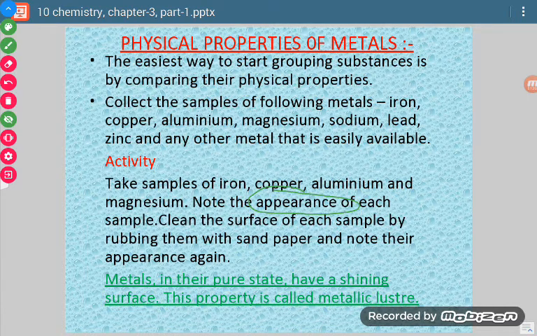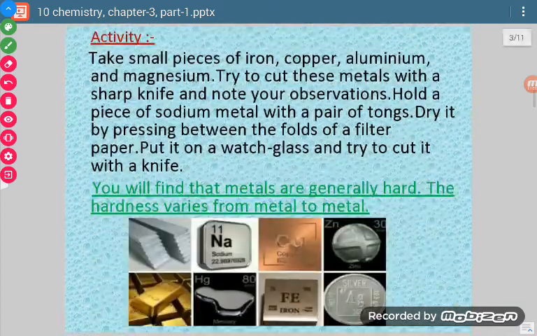So how do they appear? We will find that their surface is a shining surface. They have a particular color or shine. This is known as metallic luster. So the very first physical property is that metals possess metallic luster.